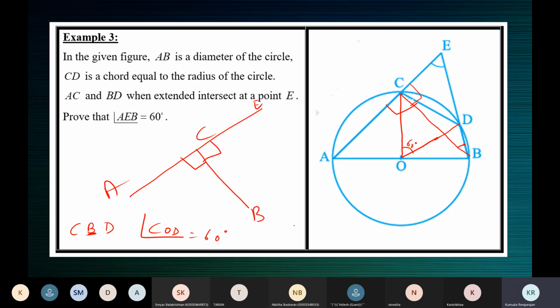COD and CBD are subtended by the same arc CD at the center O and on the circumference at B. What is the measure of angle CBD? 60 degrees, ma'am. Who's that? Nivedita? Okay, Nivedita.